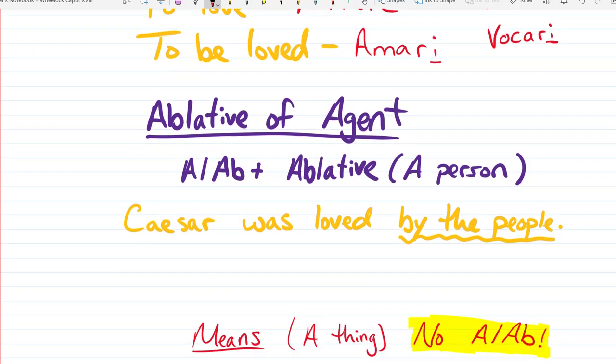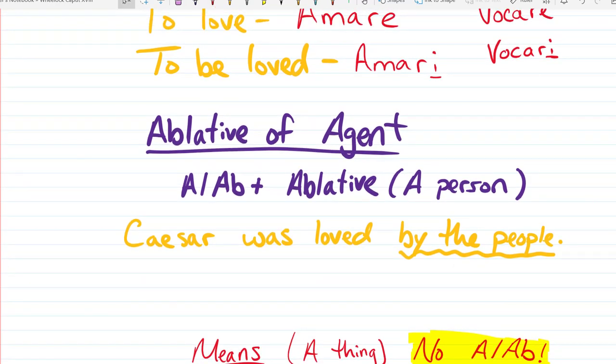Last thing to talk about, okay, is this idea of ablative of agent. You're going to see this a lot. So if we said Caesar was loved by the people, going back to our original sentence, anytime we have a passive verb, typically we need an ablative of agent, which is technically just a or ab with an ablative, usually a person.